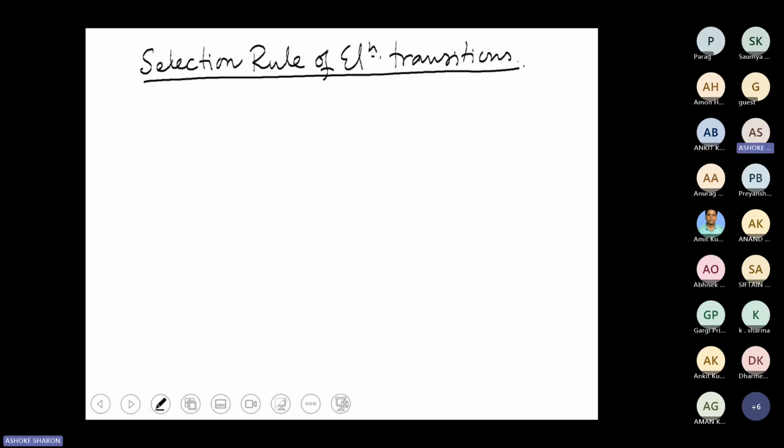Not under every condition will there be an electronic transition. The electronic transitions will take place only if certain conditions are maintained. Those conditions are known as the selection rule, which are of two types. Number one is the spin selection rule.